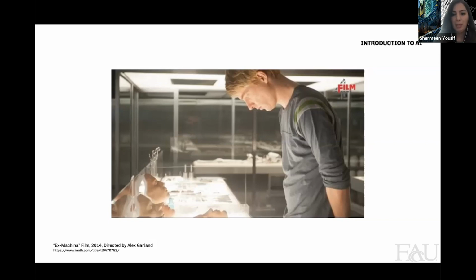This movie is really interesting because in the beginning, we see that Caleb, the main character, is thinking that he is being used to test the AI. But later in the movie, we see that Caleb was the one on test because the AI, the robot, was really intelligent. Very interesting movie.